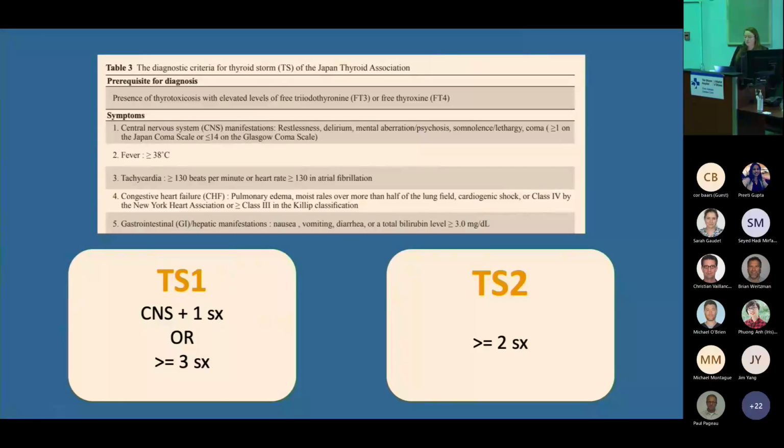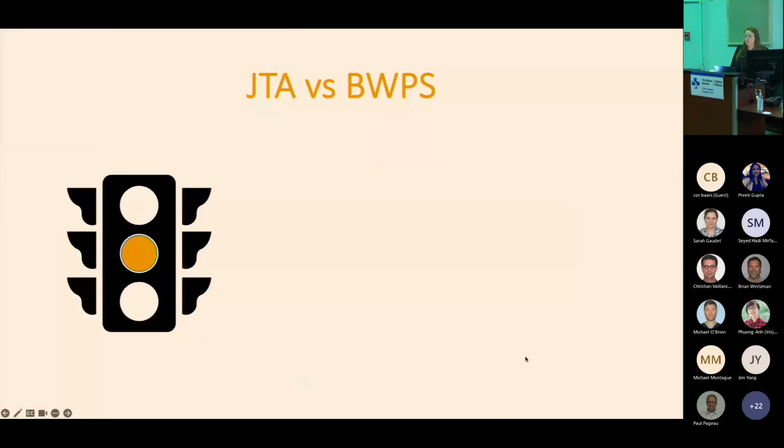Ultimately, both these tools have been shown in the literature to have high sensitivity but very low specificity for thyroid storm. And so they should be used with caution. For example, sepsis with multi-organ failure could easily score more than 45 on the BWPS score. Therefore, a score of more than 45 doesn't prove a diagnosis of thyroid storm.